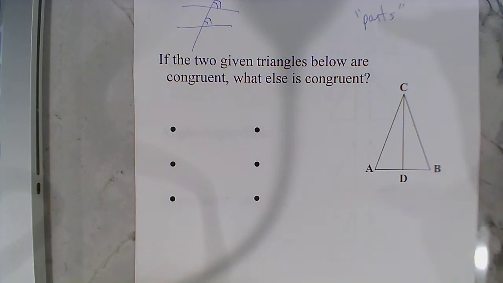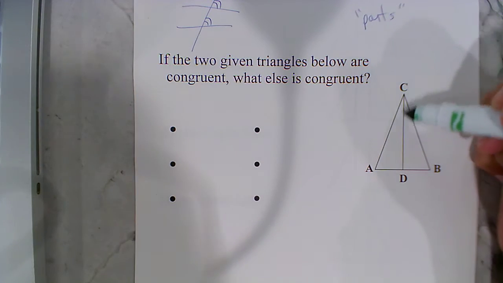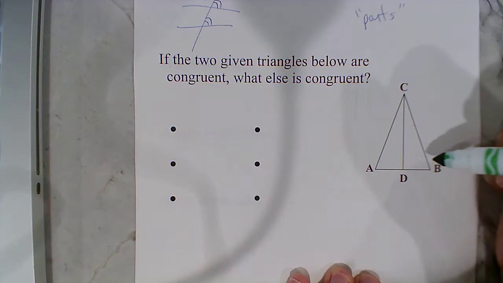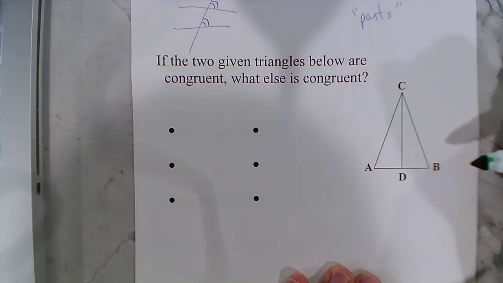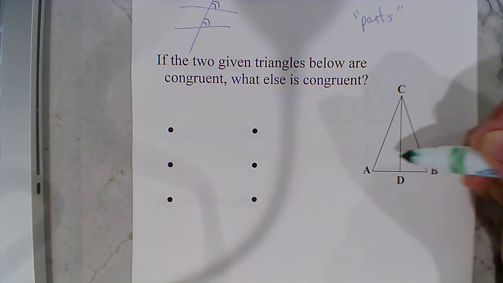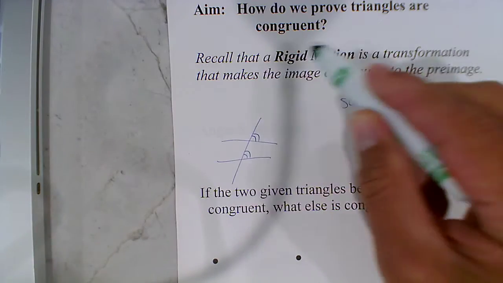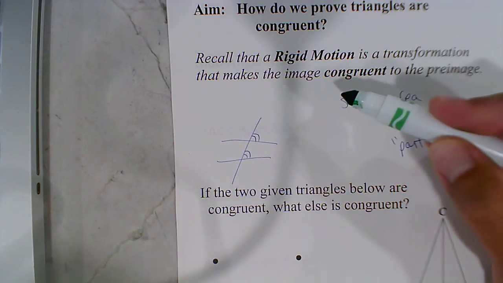And after a little bit of discovery and thinking and bouncing off each other, we would come to the conclusion that if you flipped it over this line CD, this line segment, flip, aka line reflection, the one would map onto the other. We talked about line reflections being rigid motion, so I know that the pre-image and the image would be congruent.